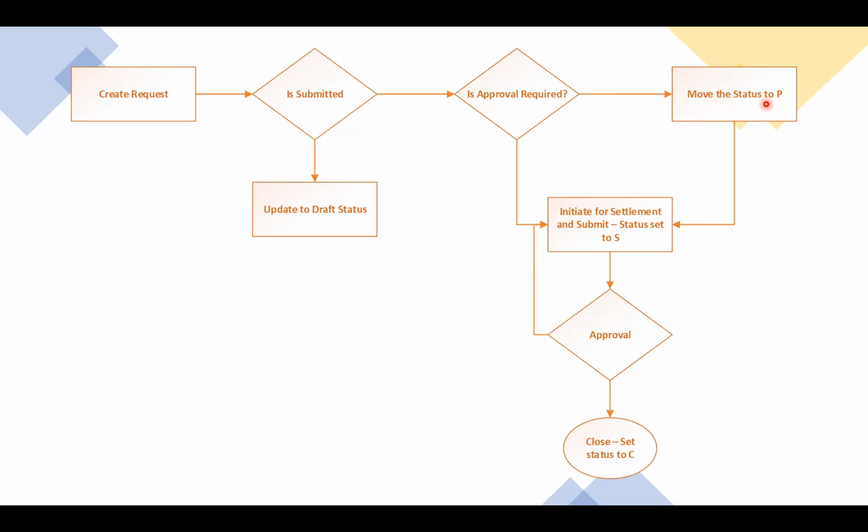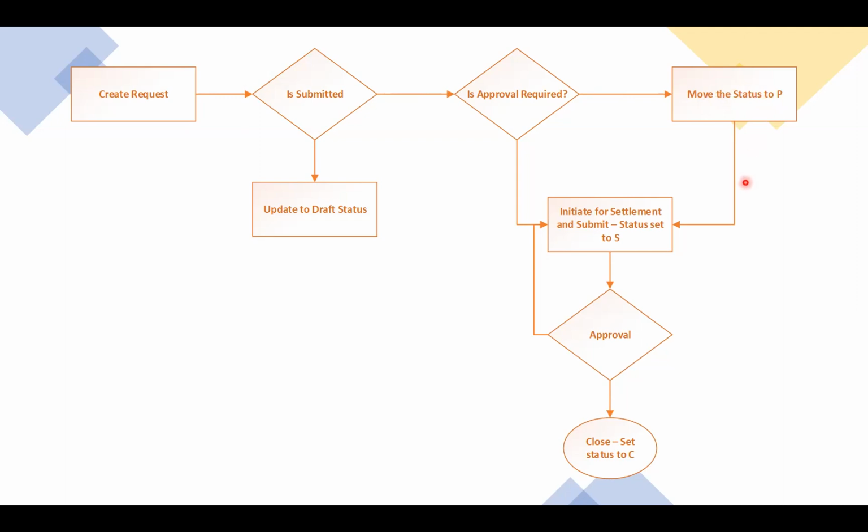We will move the status to P. At the same time, we will have the approval IDs configuration as well. Based on the criteria we maintain, the approval ID will be maintained against this trip ID. The same user will be allowed to approve this trip.